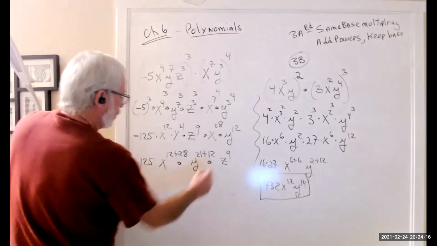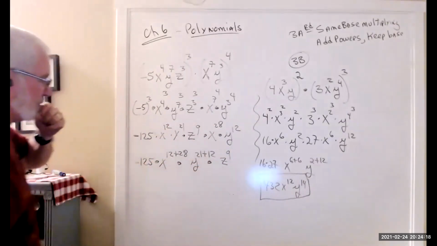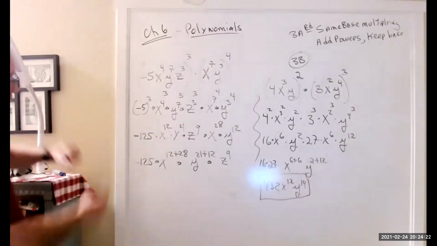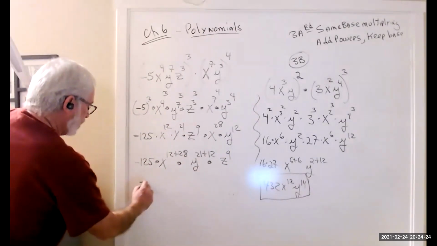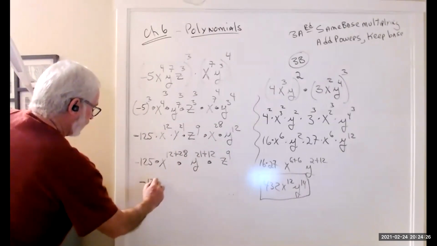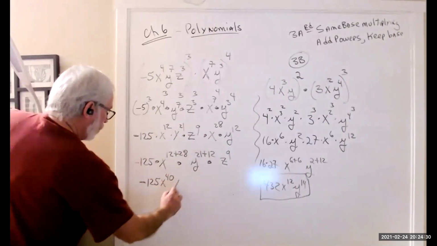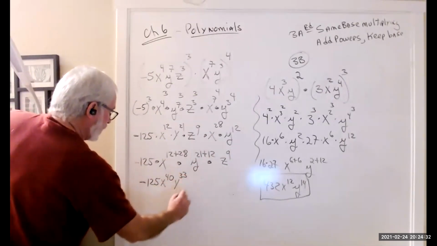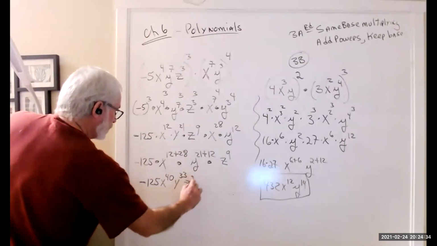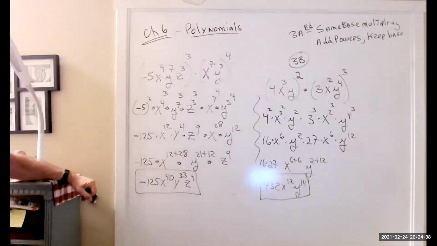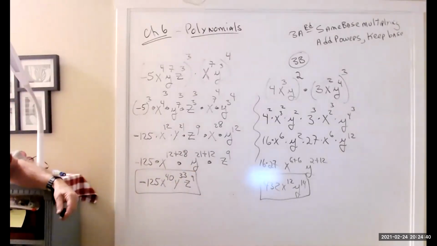Remember, these are all multiplying together. So now shove it all together, final answer, negative 125, x to the 40, y to the 33, z to the 9. Doing okay?